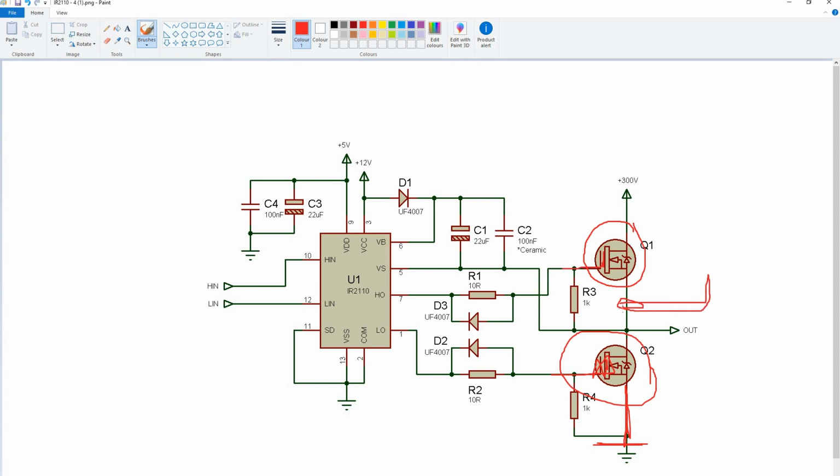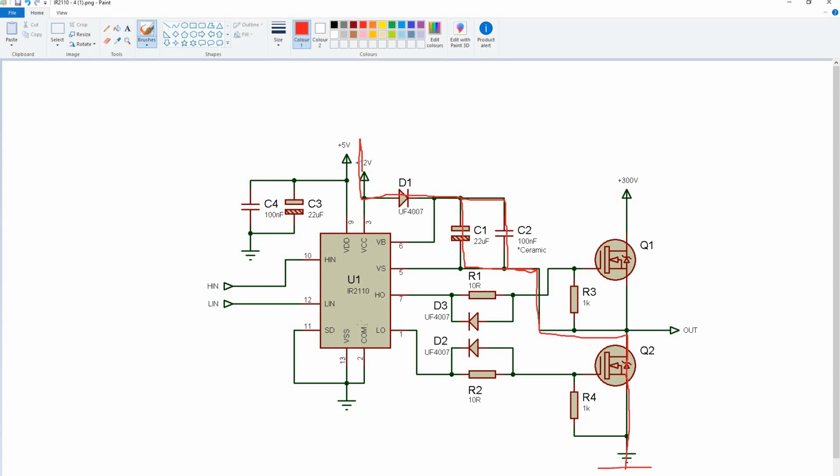Because this is at about 150 volts, isn't it? Let's assume that's 300 volts there. That's going to be 150 volts. So what the IR2110 does, it's quite clever, is when you fire the low side, this happens. It draws current through this diode, through the capacitors, both of those capacitors there, C1 and C2, because this is now conducting.